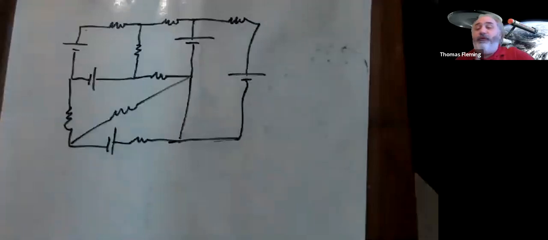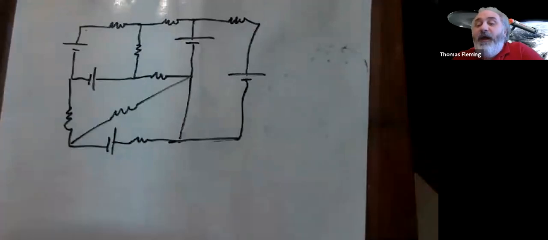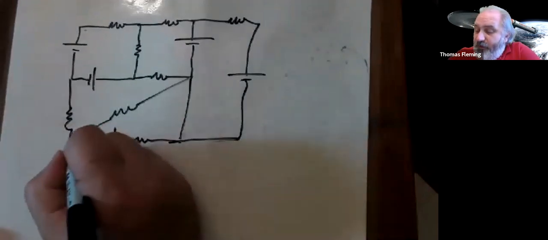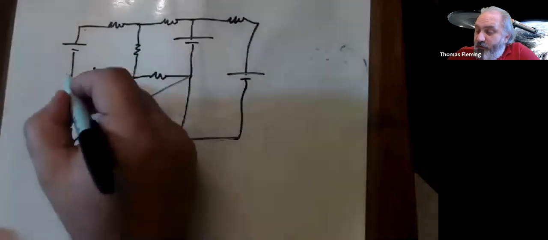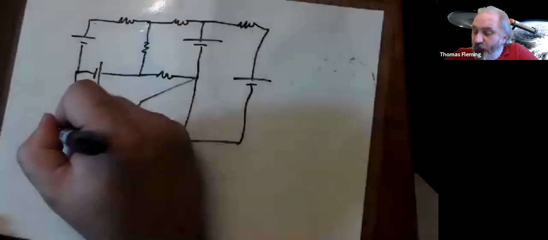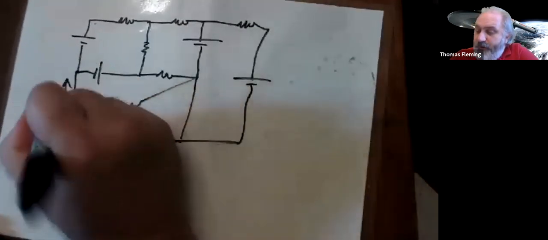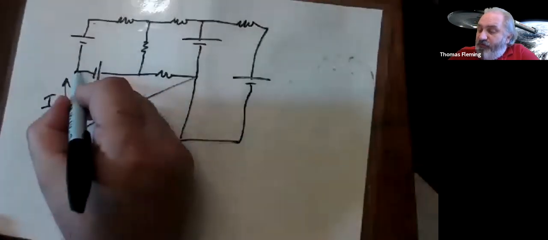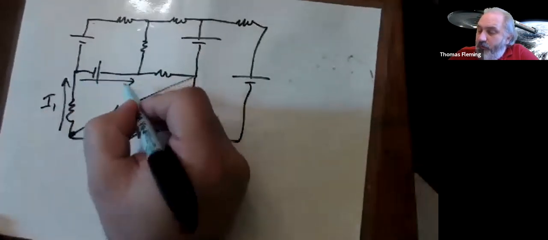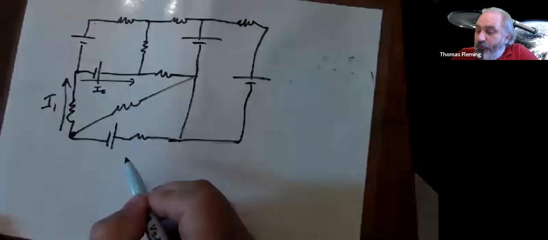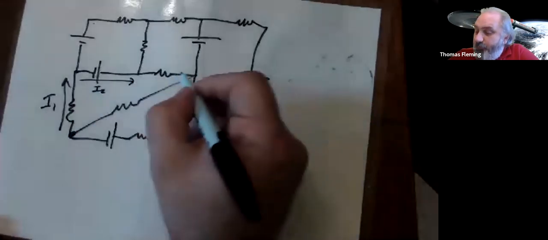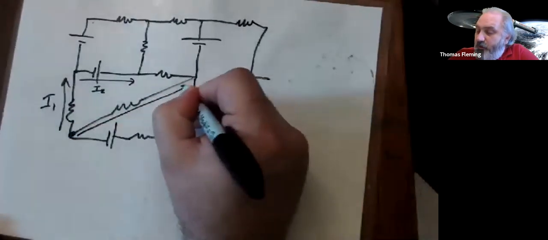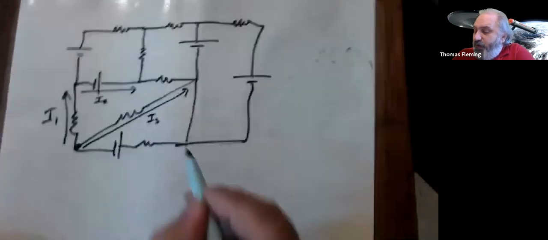So I would do the same process, right? The first thing I would do is guess my currents, and the currents are going to go from any intersection to any other intersection. So like here's an intersection. From here to here, let's call that I1, right? From here to here, we'll call that I2. And I'm guessing a direction each time. From here to here, I3.